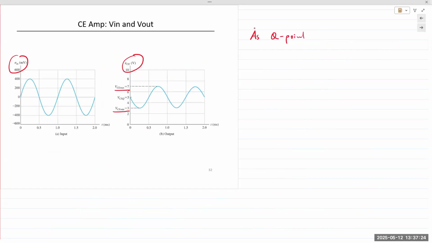Okay, so as the Q point shifts downwards, meaning towards cutoff, the positive peaks would start getting clipped.